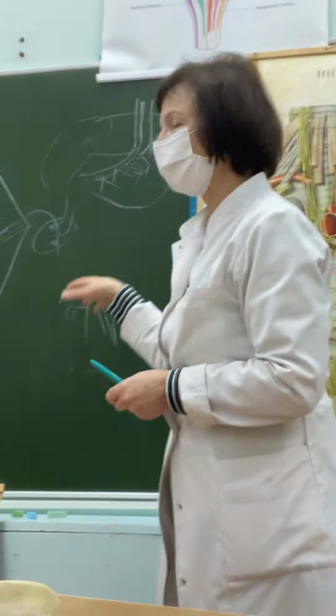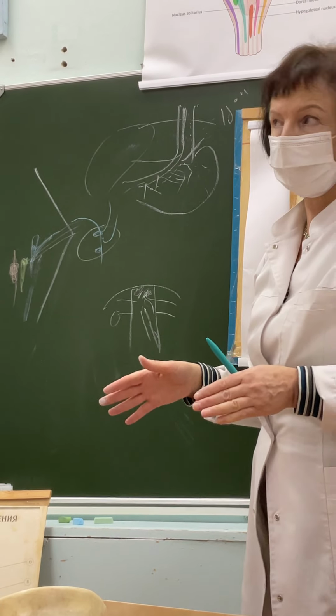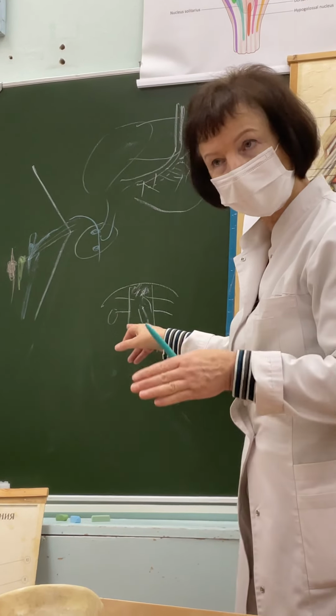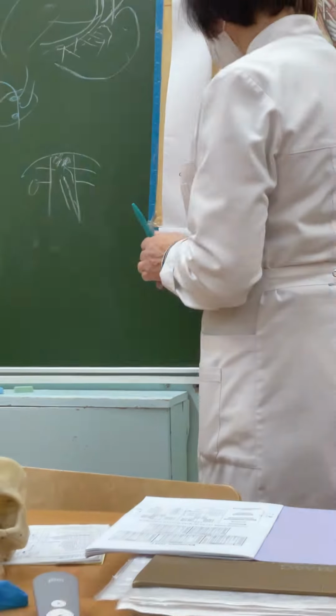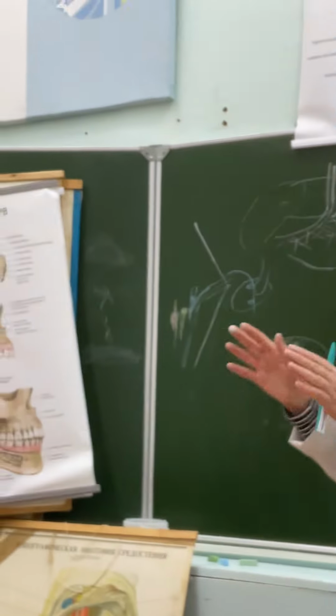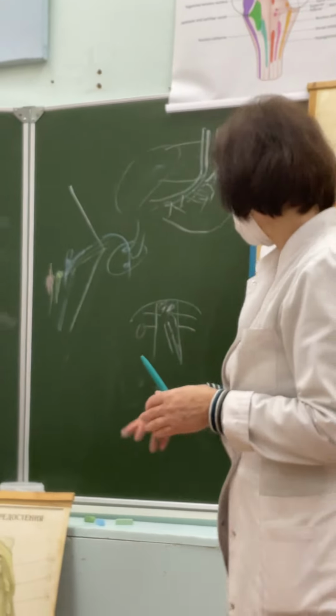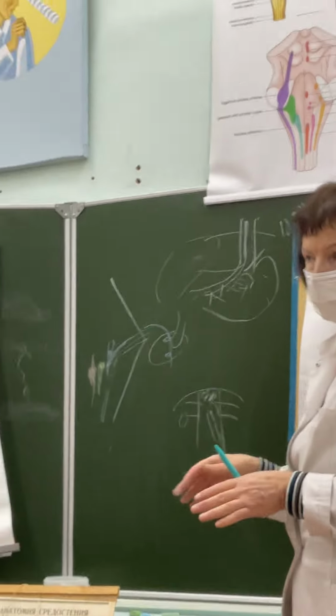It is important to understand that all these branches from the celiac plexus will run along the vessels which are branches of the celiac trunk, aorta, and superior mesenteric artery, but not the inferior. The inferior will be another story. Therefore, in the perivascular plexuses, these fibers, together with the sympathetic, supply all the organs of the abdominal cavity, okay?